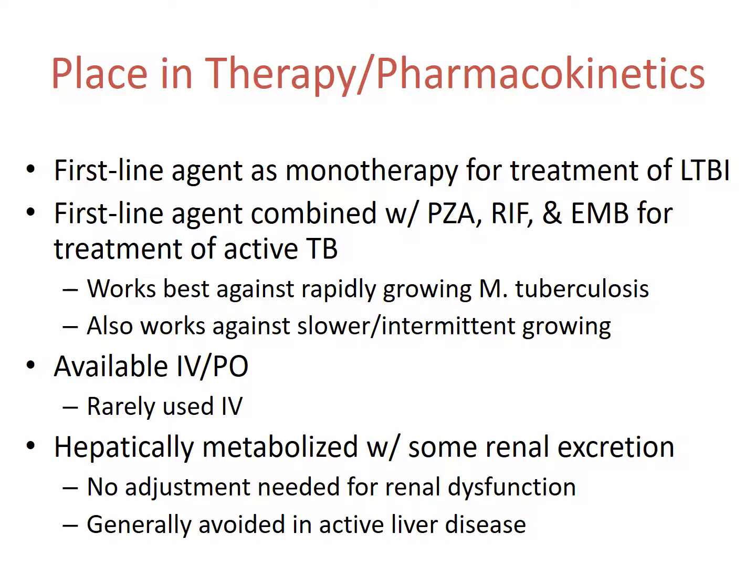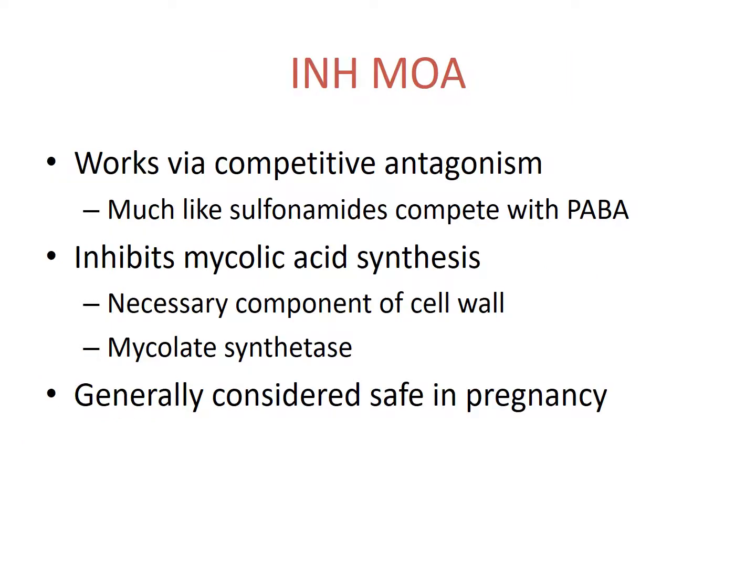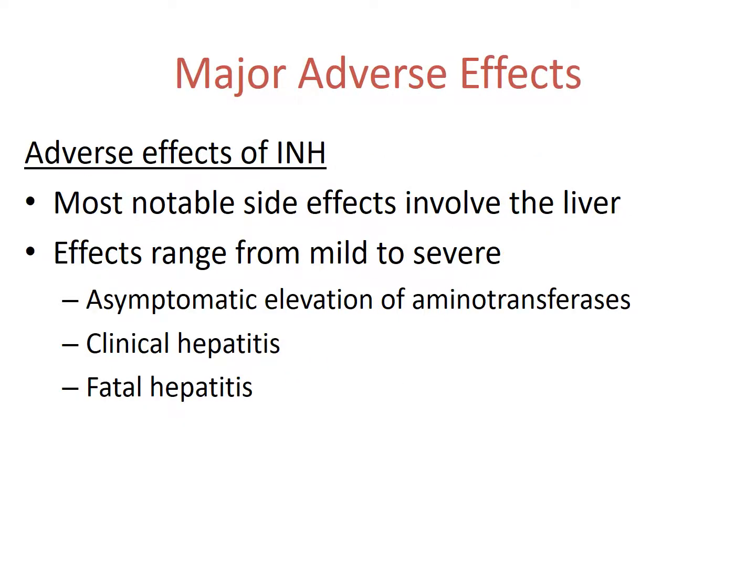Now isoniazid undergoes metabolism, and basically it is activated by the catalase enzyme, and often resistance may happen if there is a problem or a mutation in the KatG gene and there's no production of catalase, and therefore isoniazid cannot be activated. So it inhibits mycolic acid synthesis, which is a necessary component of the cell wall and is generally considered safe in pregnancy.